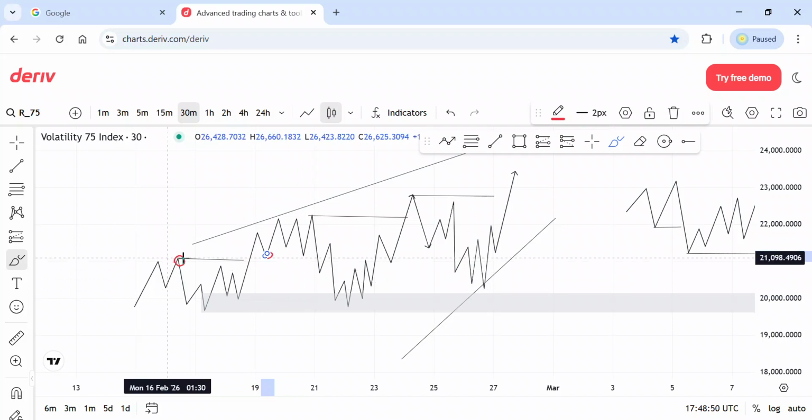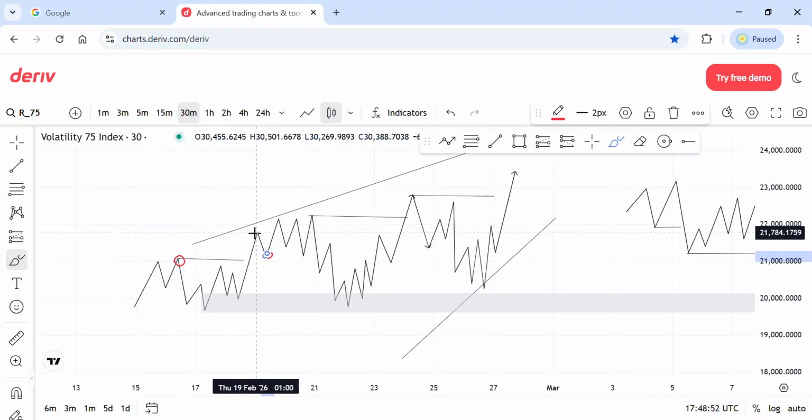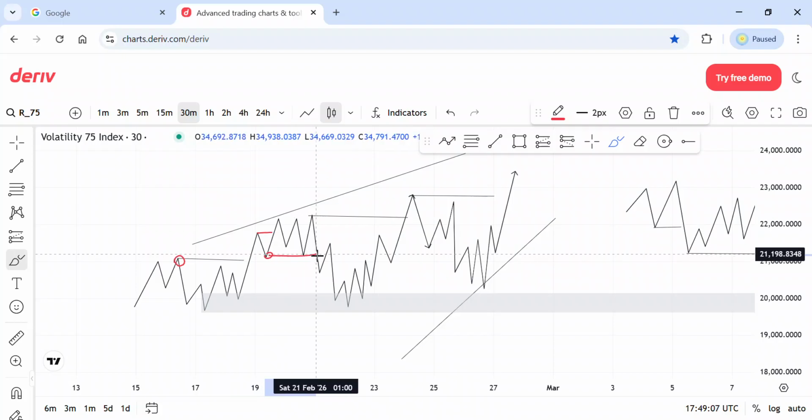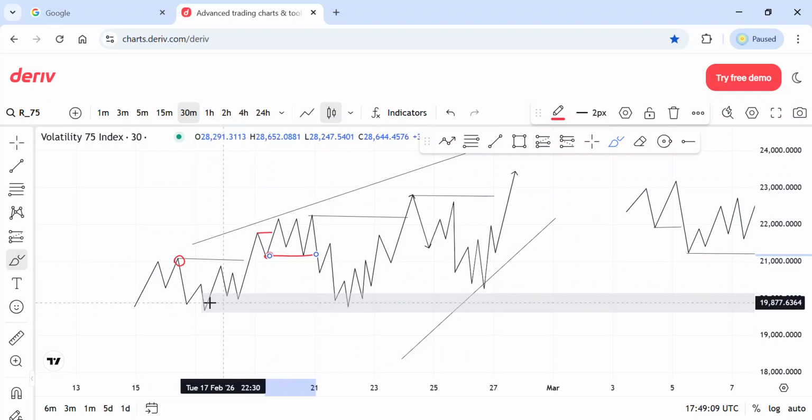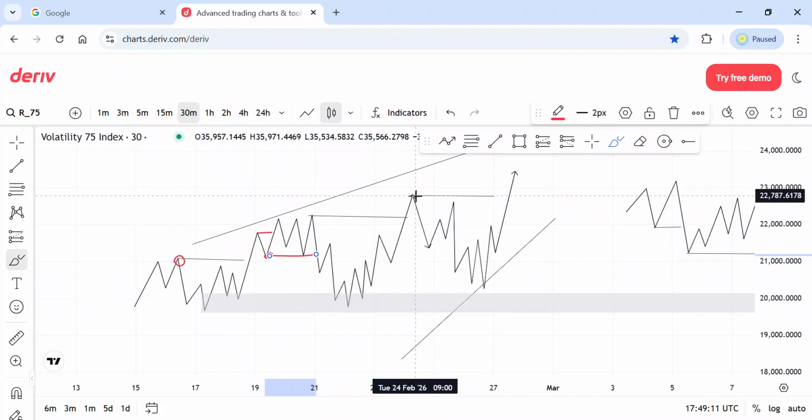After this original cemented high has been broken, the market gave us another sharp and quick BOS to the upside. So this is our major inducement. Are you getting me? So now the market clears it out to do what? To mitigate the original order block, then fly again to the upside.